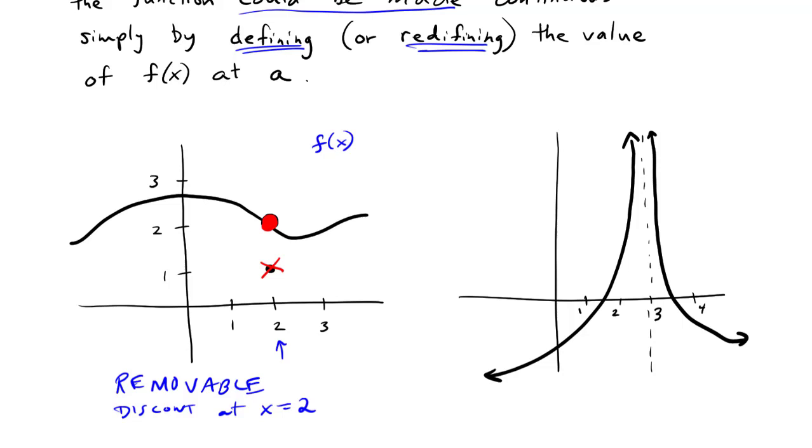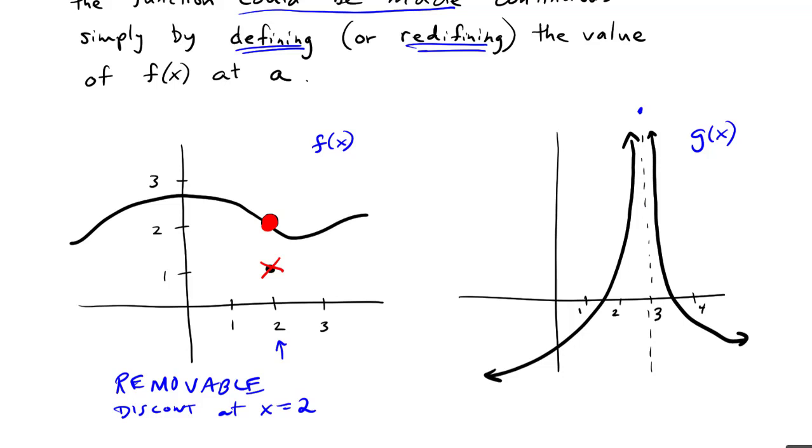All right, so let's go over to this one, let's call it g of x. Notice I have a discontinuity at x equals 3 because there's an asymptote there. Essentially, that means the function is not defined there. But the problem is I can't just put a point anywhere. Anywhere I would try to put a point, it's not going to work.